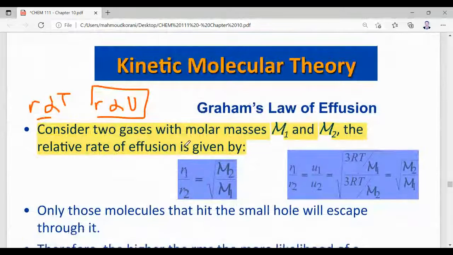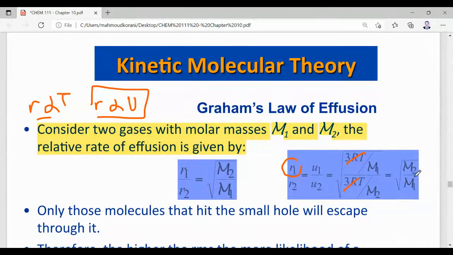As I mentioned, the rate of effusion is directly proportional to U. So if you have the rates of two gases, R1 divided by R2 equals U1 by U2, and this will be cancelled together, and M1 will be in the denominator.